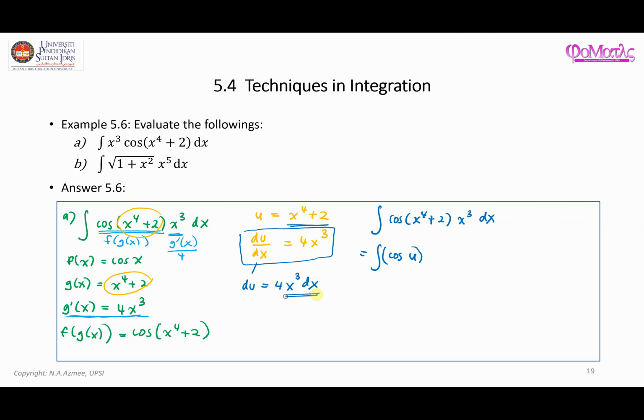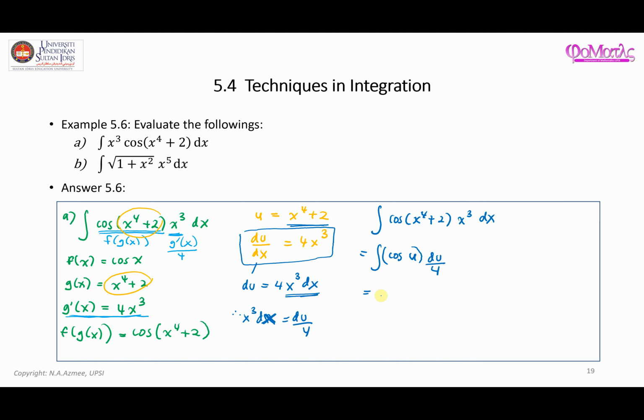Therefore x to the power of 3 dx here will be equal to du over 4. So I am going to replace this with du over 4.